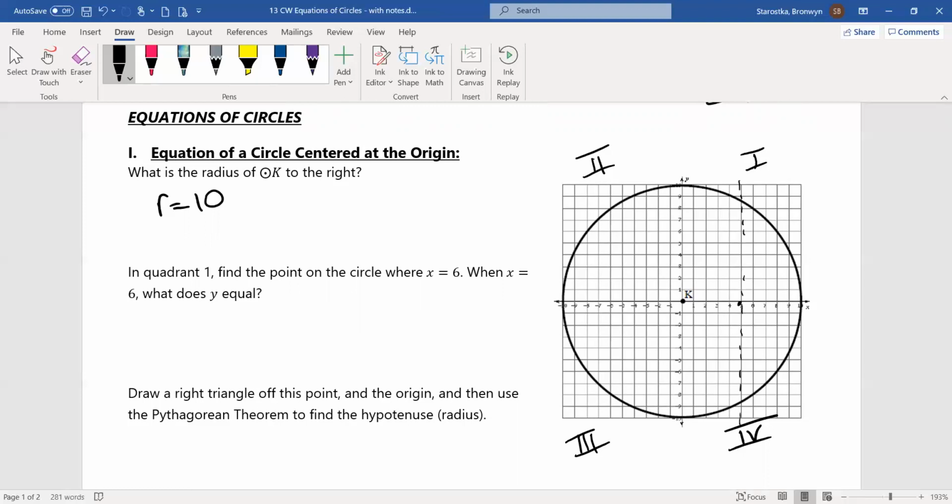When x equals 6, right here, let's do it in a different color. Right here. There we go. When x equals 6, y equals 8. And so the intersection on the circle is the point 6, 8 in quadrant 1.